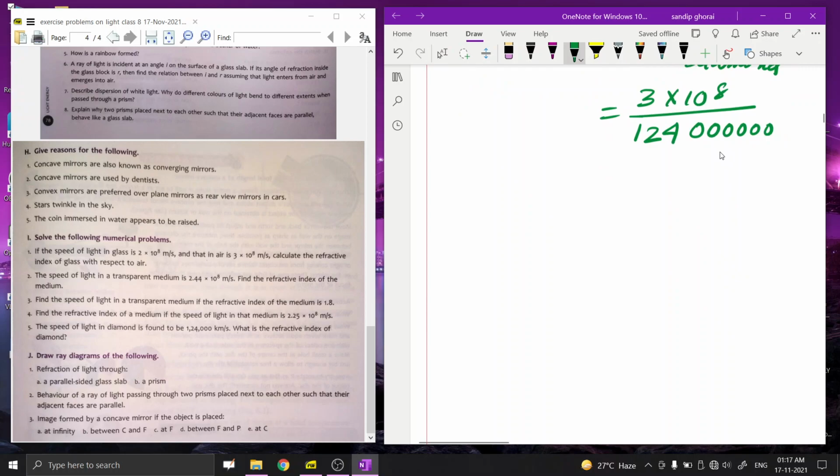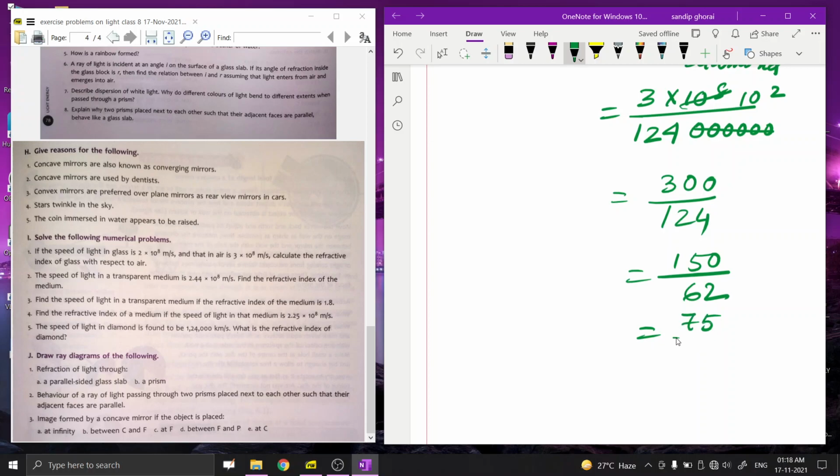Actually, 10 to the power 8 divided by 10 to the power 6 gives 10 squared, so it is 300 divided by 124, or we can say 150 divided by 62, or we can say 75 divided by 31. So this is your answer.